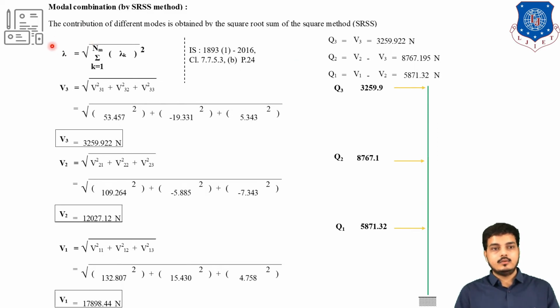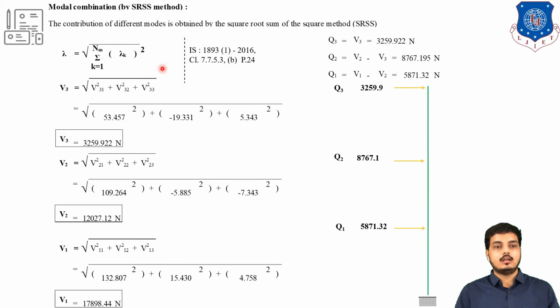For that we will be using this equation, lambda equals under root of summation of k equals 1 to nm, lambda k the whole square. This equation is given on page number 24 itself, in clause 7.7.5.3, just above the modal mass. So we can find out the respective V value.